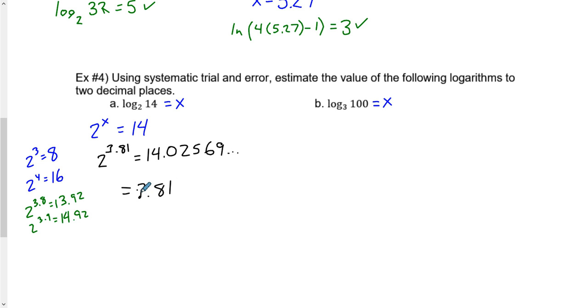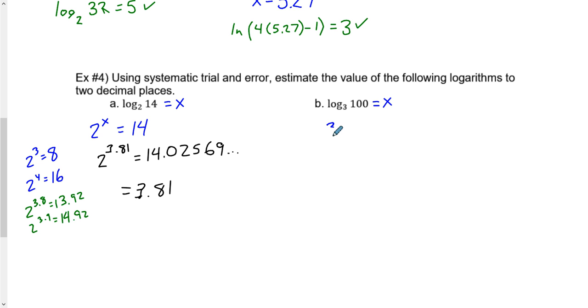Of course, we could go further, we could get more decimal places, but if I just ask for 2 decimal places, we're good. Just for reference, the full answer to about 9 decimal places is 3.807354922. And I will show you how you can get that later.